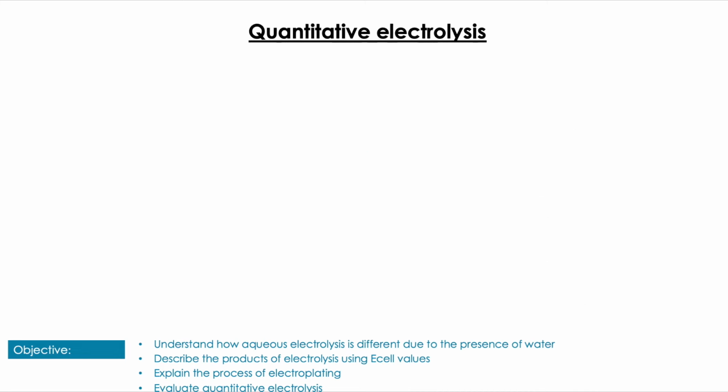That leads us lastly to quantitative electrolysis. Using the equation Q equals IT, where Q is charge, measured in coulombs, I is current in amps, and T is time in seconds.